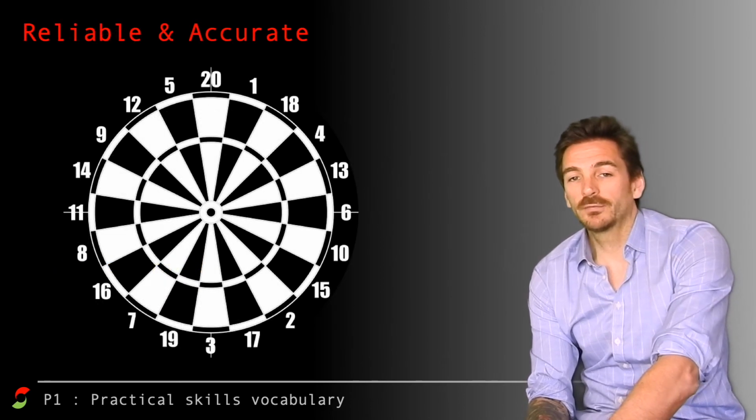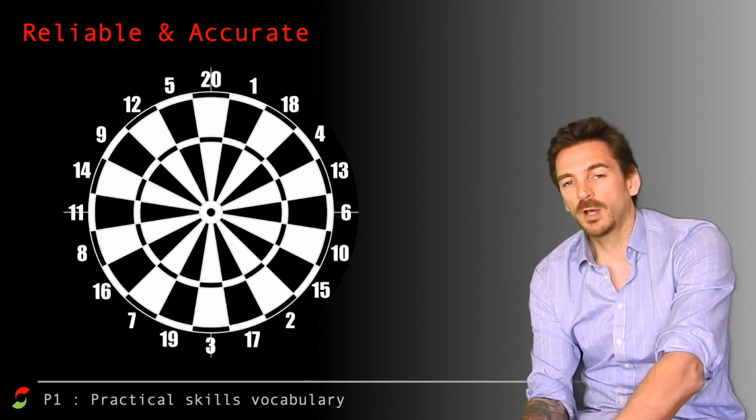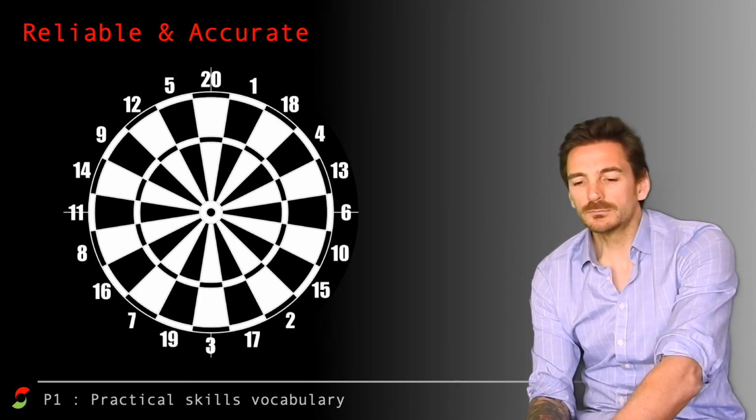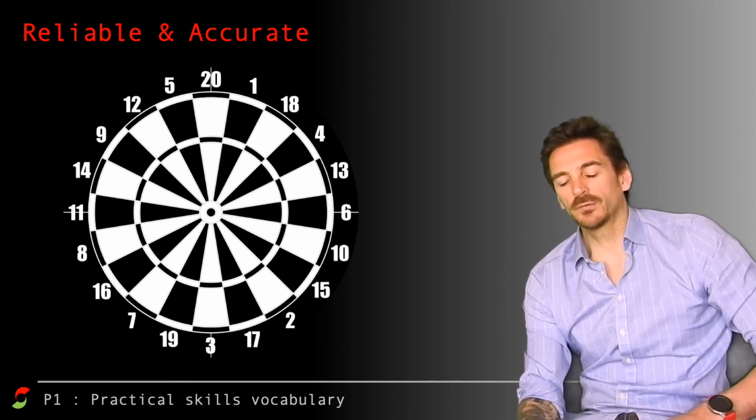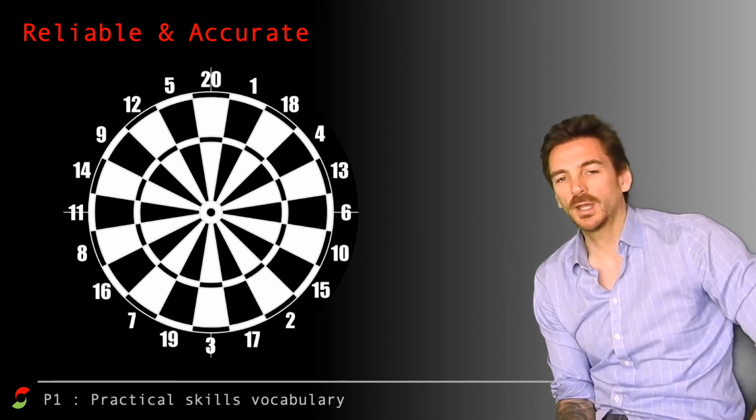Let's have a look at reliability and accuracy. You might have seen a lot of pictures of dartboards floating around in laboratories to try and help you with reliability and accuracy. So I've adopted this process in a video so that you can see it.